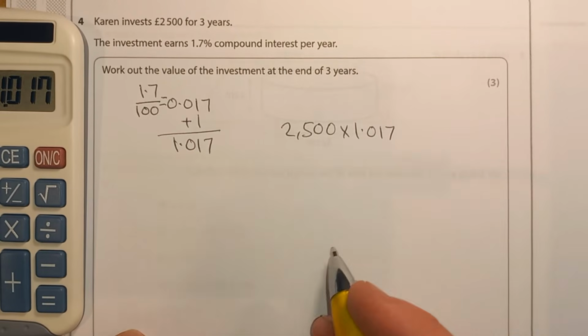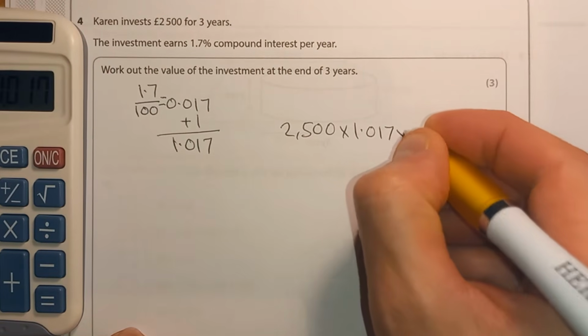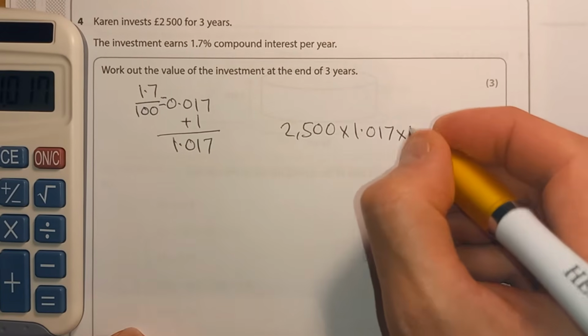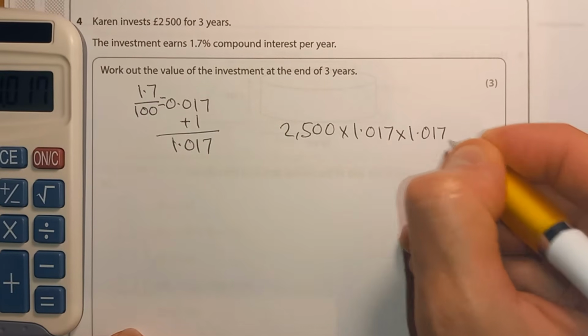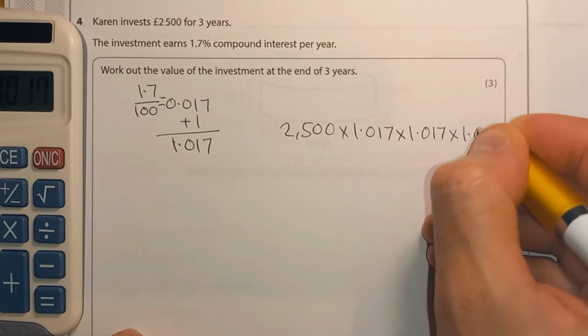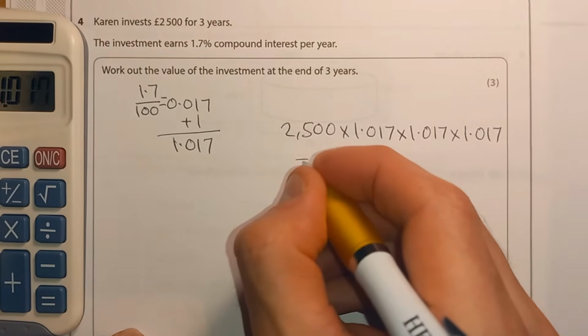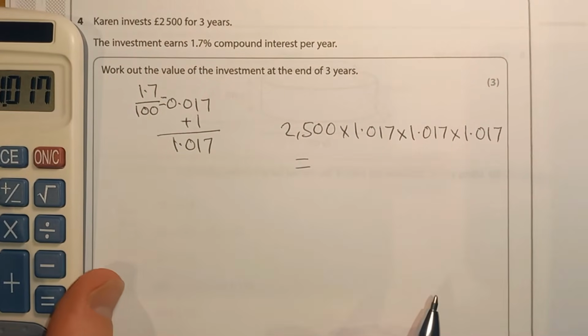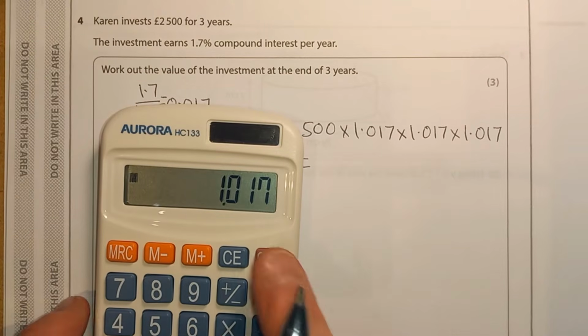Now, because we're doing it for 3 years, we don't just multiply it by 1.017 once. We do it twice and 3 times. So we can put that in our memory.